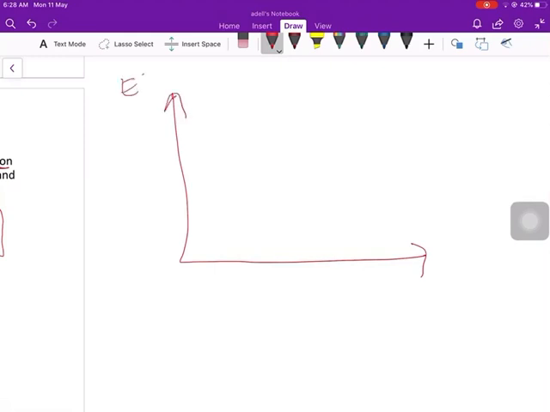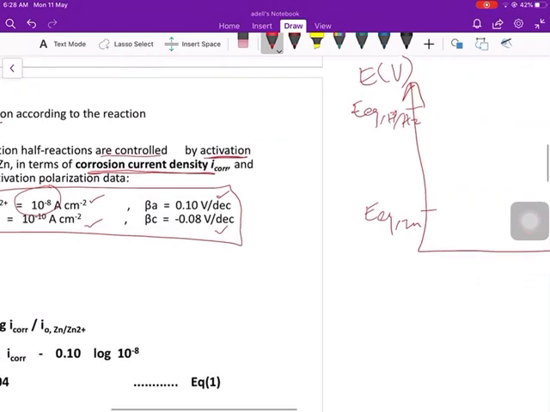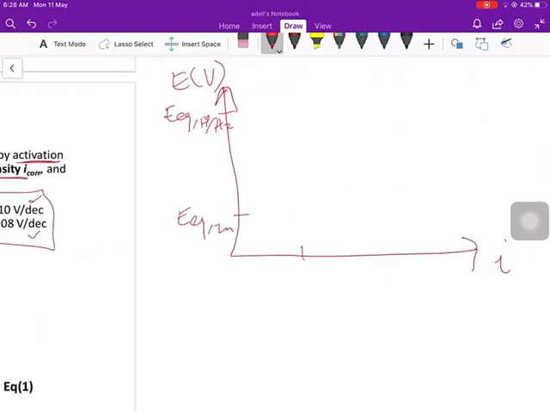If you have to plot the Evans diagram, this is voltage, this is I, and this is the E equilibrium for the metal, zinc. This is E equilibrium for the cathodic reaction, hydrogen plus to hydrogen, and each reaction has its own exchange current density.